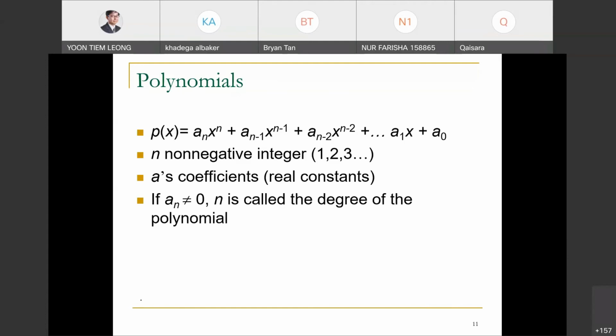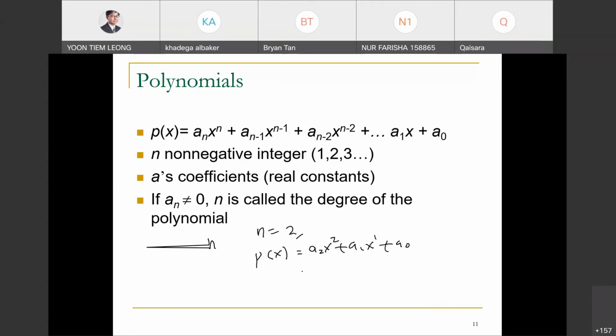For example, if n is equal to 2, then the polynomial of order 2 is written as a2x power 2 plus a1x power 1 plus a0. So a polynomial with degree n equal to 2 has 3 terms, right? And the highest power in the polynomial is the order, right?